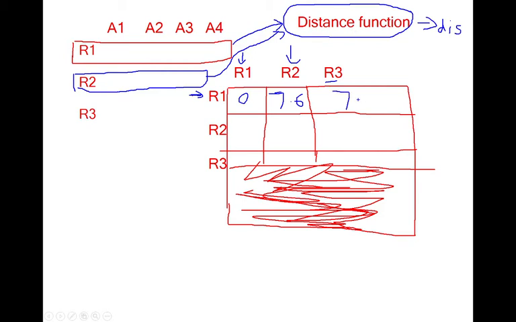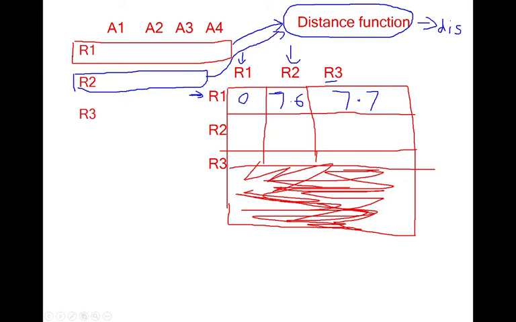How it will compute this distance value or distance measure is a different thing. I'll be covering those formulas shortly, but what I want to explain here is that this is a one mode matrix, right?